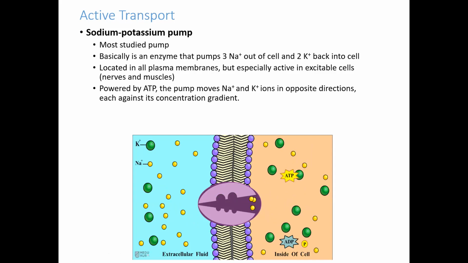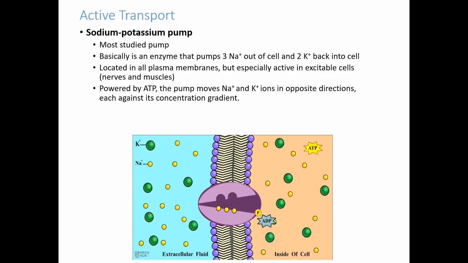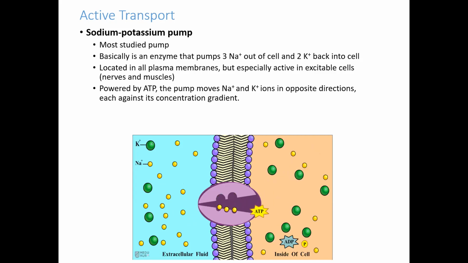The sodium potassium pump is an enzyme embedded in our cell membranes. Lots of these enzymes are embedded in the membrane, and it will always pump 3 sodiums out and 2 potassiums in. You need to remember that. 3 sodiums out and 2 potassiums in.